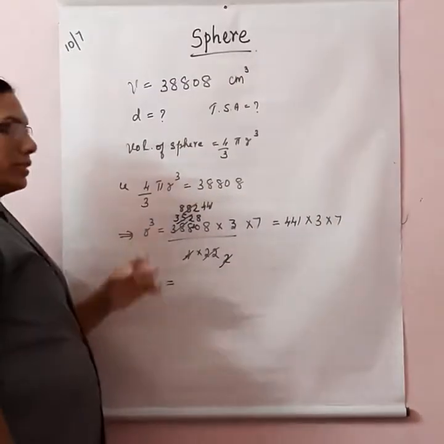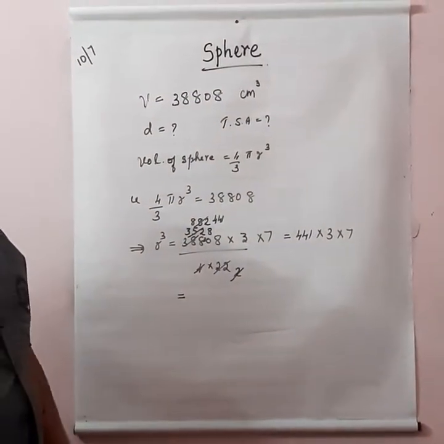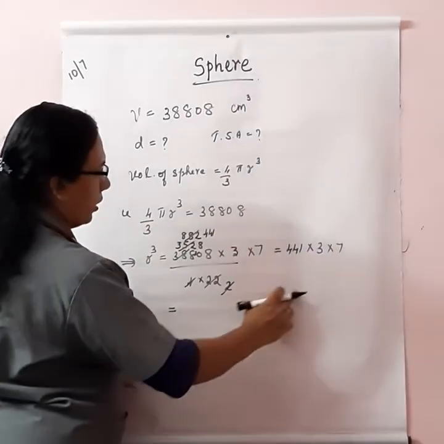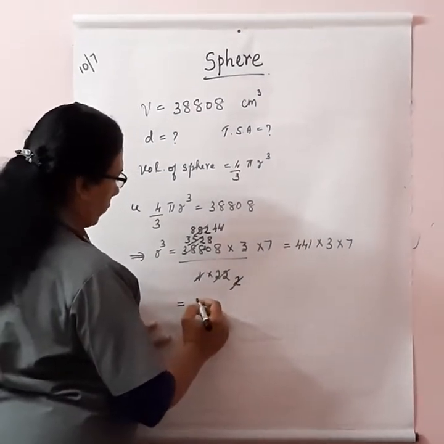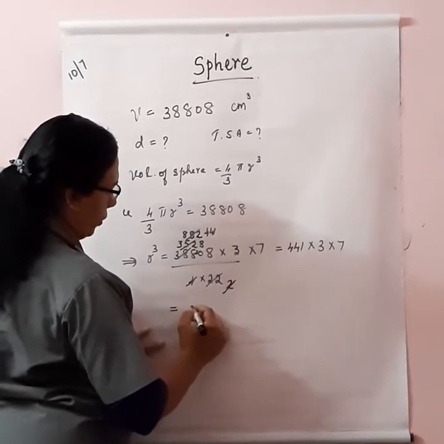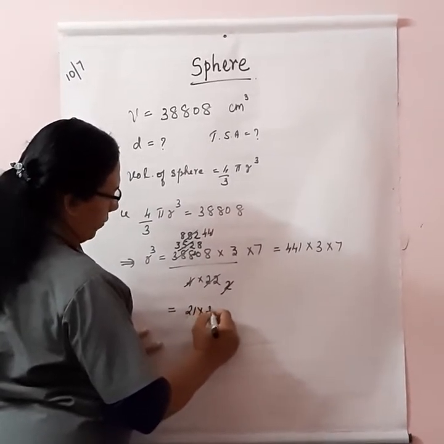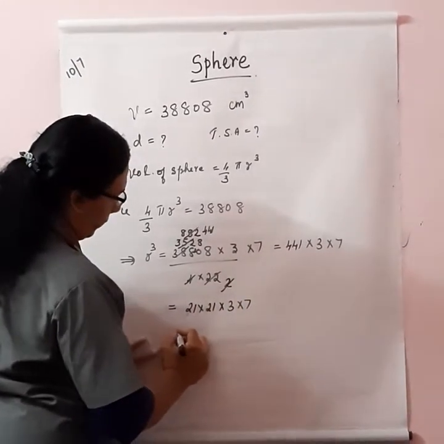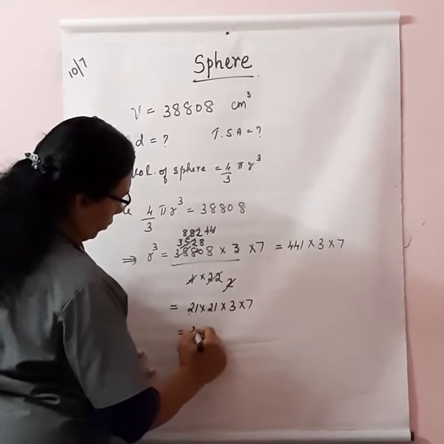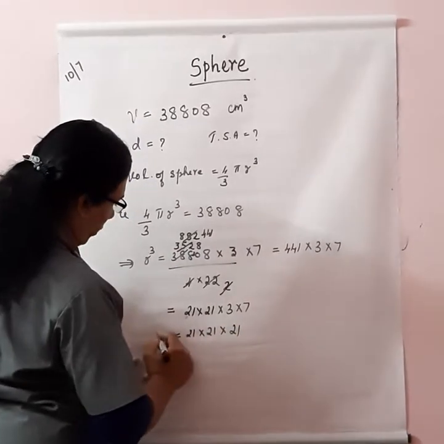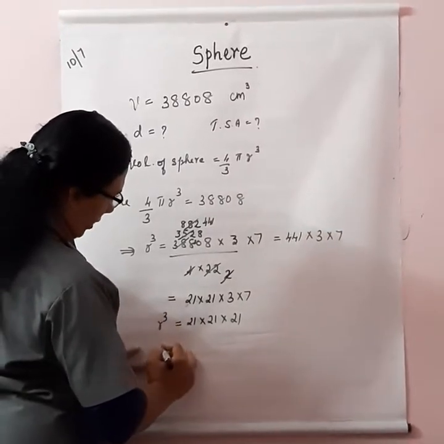Children, for r cube, don't go for multiplication and then find the cube root. It is difficult. To reduce the consumption of time, you can write 441 as 21 square. So 21 into 21, and 3 multiplied by 7 is 21, so 21 into 21 into 21. So r cube is equal to this. So what is r?